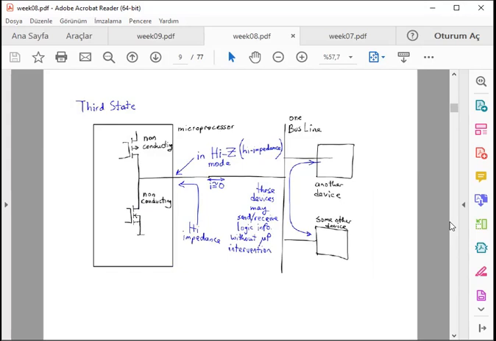It can burn the device or make an illegal logic function at the bus state. If we want this not to happen, we have to set the undesired device to a high impedance state, the third state, so it behaves as if it's not connected.